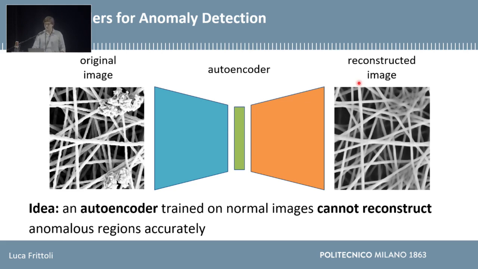These two networks are trained jointly so that the reconstructed image is as similar as possible to the original image. The rationale behind this solution for anomaly detection is that since the autoencoder will be trained only on normal images, it will not be able to reconstruct correctly the anomalous regions, and so we'll see a difference between the two.